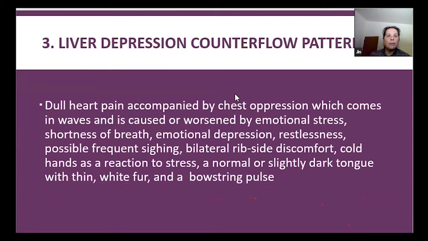When we talk about this pattern, we say liver qi stagnation causes qi to flow in the wrong direction. Chest pain compared with the blood stasis pattern is dull, but there is chest pressure, and it is made more severe by emotions.